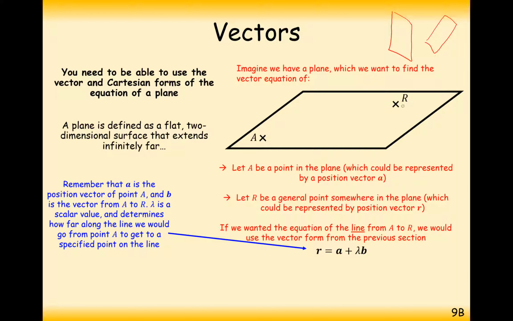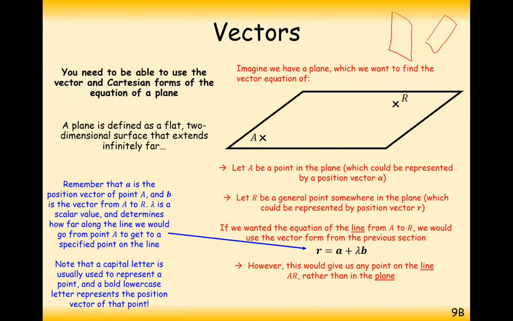Then it's just going to still be a line. So we need something extra on this equation of a line to make it a plane. And what we really need is another vector, another direction that is not parallel to A to R, another direction that it's going to take it off in, so it's not just now a straight line.